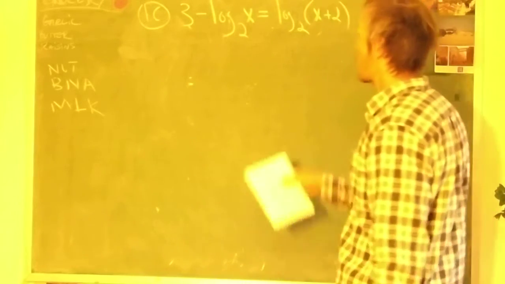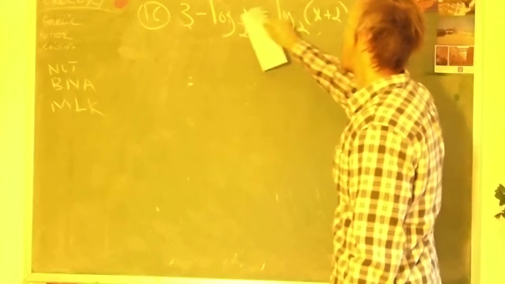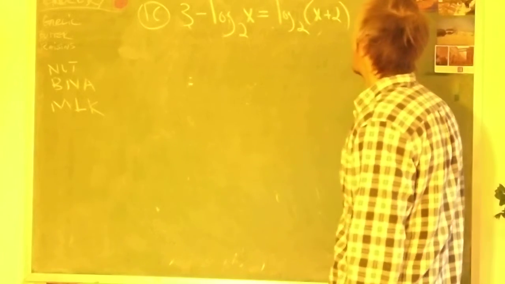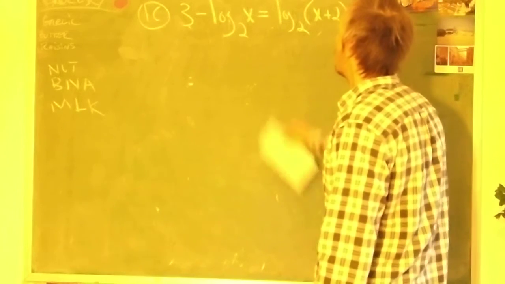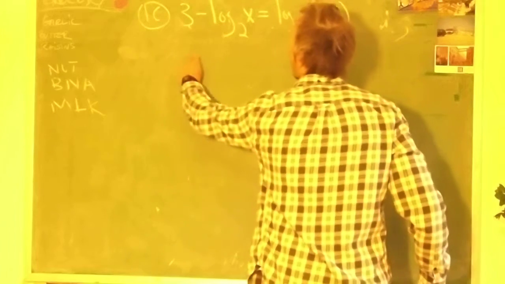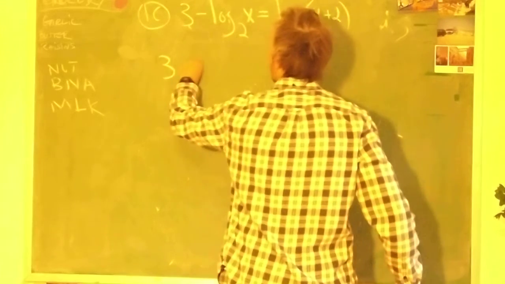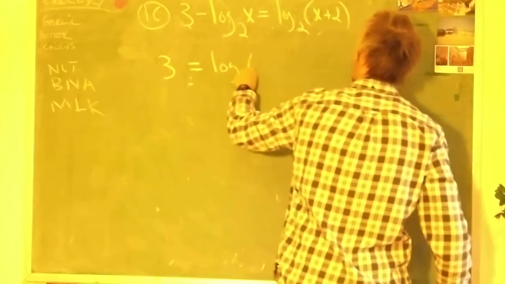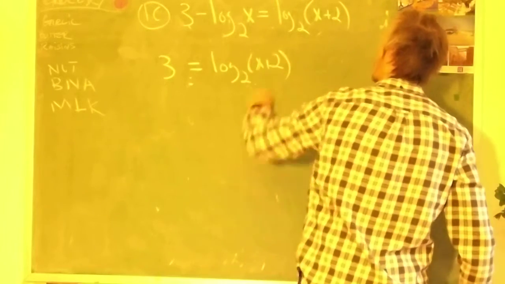So we're going to do that, which means that I'm going to move either this over here or move this over here. I think in this case I will move this expression to this side and leave the 3 where it is. So I'm going to have 3 equals log 2 of x plus 2 plus log 2 of x.